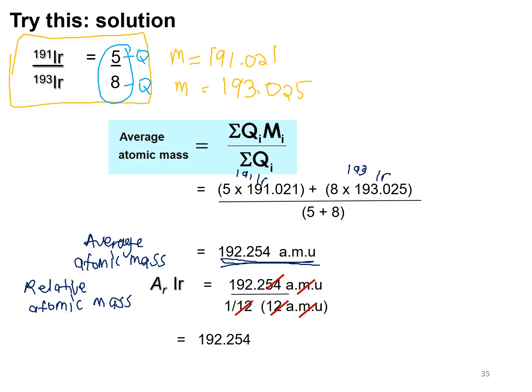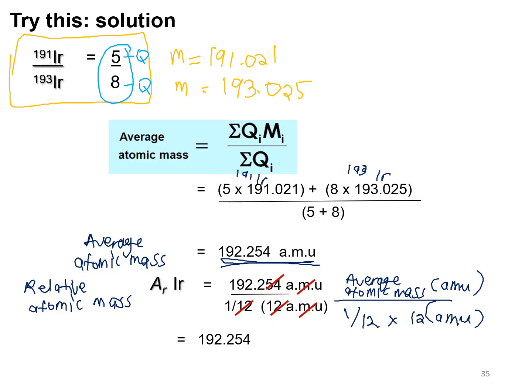you boleh gunalah equation that is average atomic mass in AMU bagikan dengan 1/12 kalikan dengan 12 AMU. Okay, so you akan dapatlah 192.254 as your answer, or you can just use this equation.